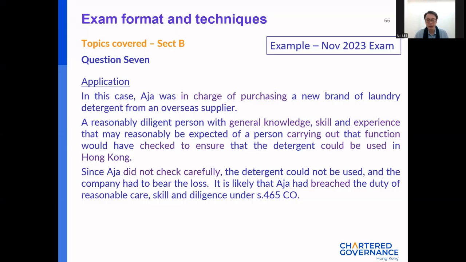It's part of your business to accept clothing items from customers and wash them for them. So obviously the detergent you buy must be safe enough for you to use in Hong Kong. Since Aja did not check carefully, the detergent could not be used and the company had to bear the loss. So it's likely that Aja had breached the duty of reasonable care, skill, and diligence under section 465 of the Companies Ordinance.